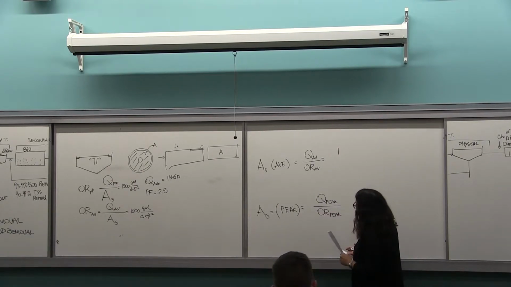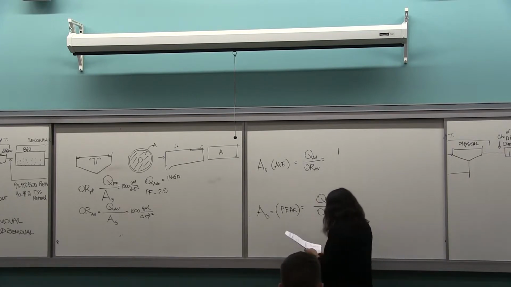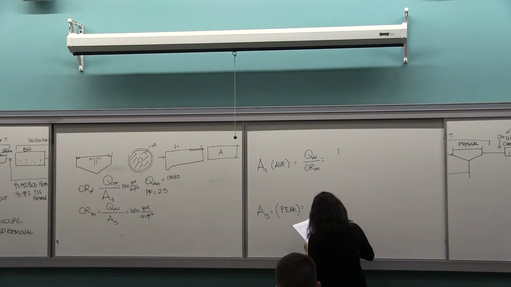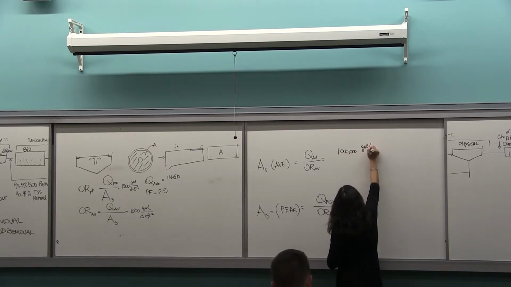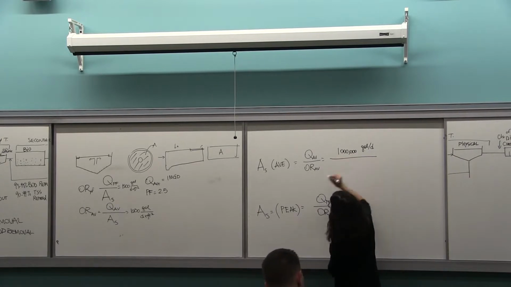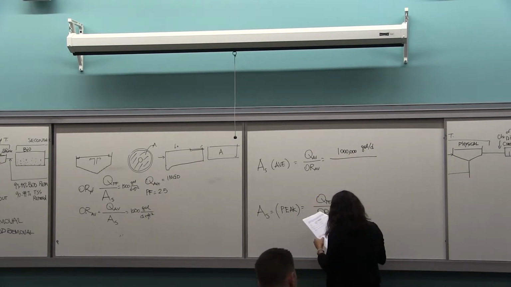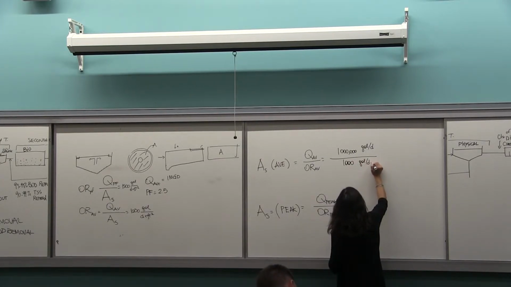And now we need to make sure we have consistent units, otherwise we have to do a unit conversion. Oh no, it's gallons, so it's okay. So 1 mgd, we have 1 million gallons per day. And under average flow, it's 1,000, right? Gallons per day per square foot.